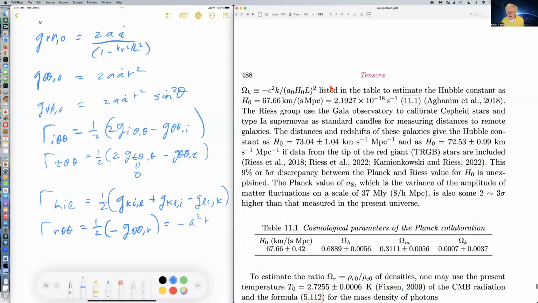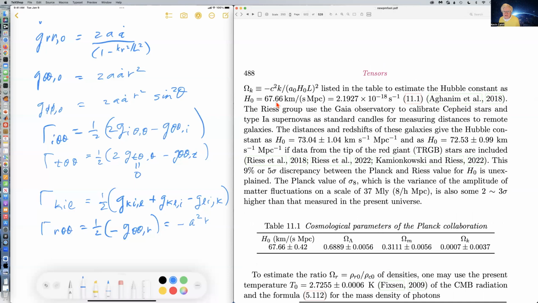What they then did was they got an estimate of the Hubble constant of 67, or well, 68 basically, kilometers per second per megaparsec, megaparsec being a perfectly absurd unit.